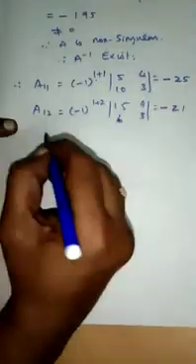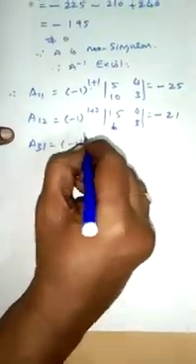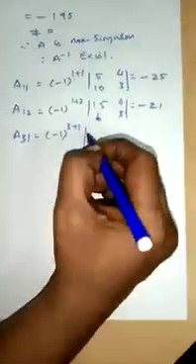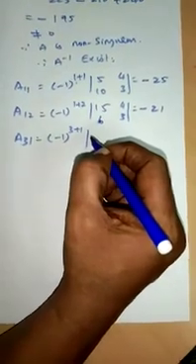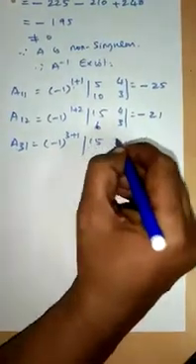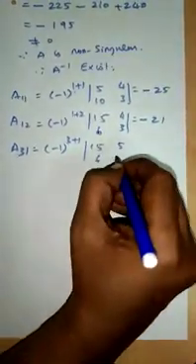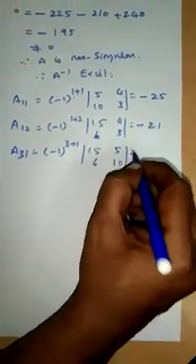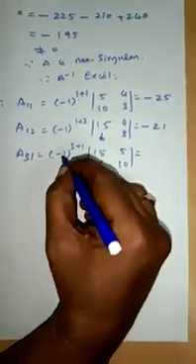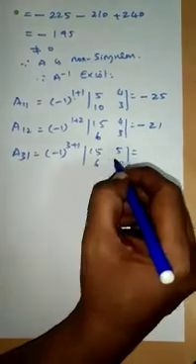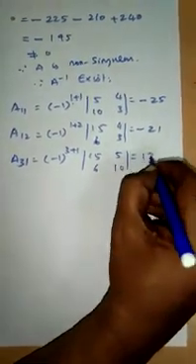Therefore, A13 is equal to minus 1 power 1 plus 3 and its minor is 15, 5, 6 and 10. 1 plus 3 is 4, minus 1 power 4 is plus, cross multiplying we get 120.